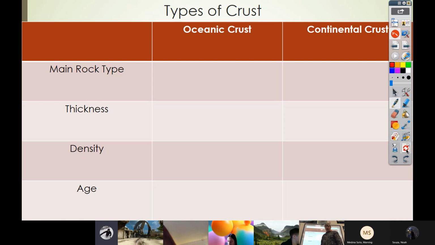So make a little table, a 2x4 table, 3x4, where we're going to make these 4 comparisons. Actually, it's a 3x5, isn't it? We're going to make these 4 comparisons of these 2 types of crust.